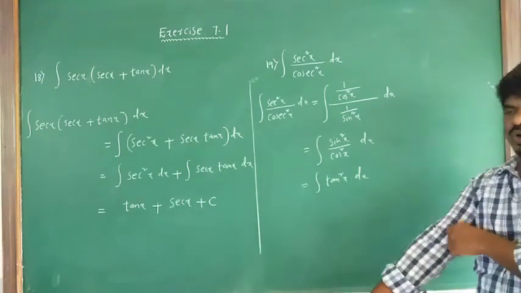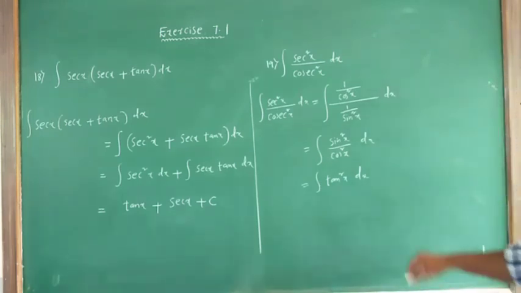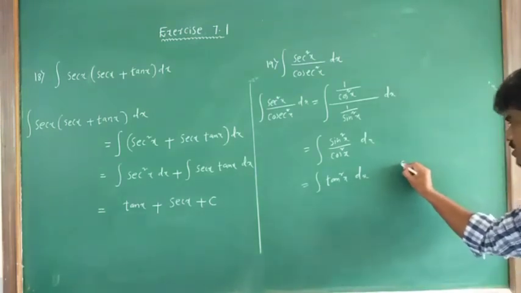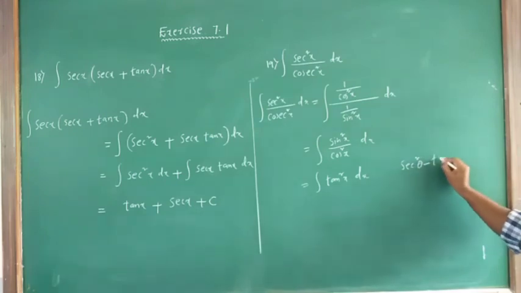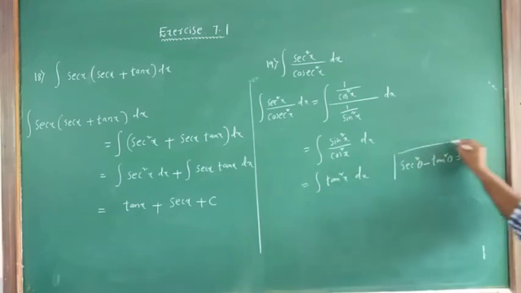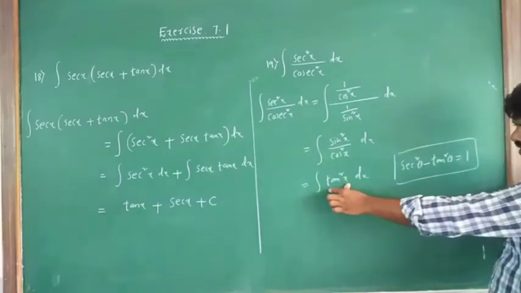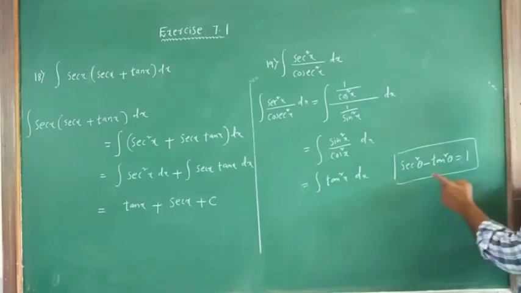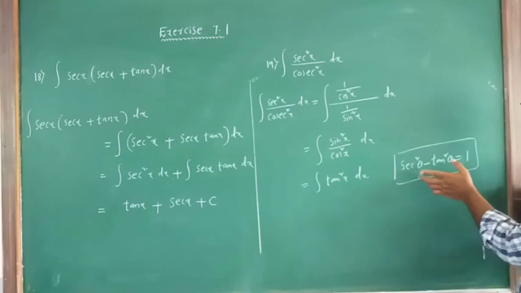Here we don't have a direct formula for the integral of tan square x, but from the trigonometric formula, secant square theta minus tan square theta is equal to 1. From this, tan square x will be replaced by secant square x minus 1. Take tan square x to the right side, 1 to the left side. What will we get?